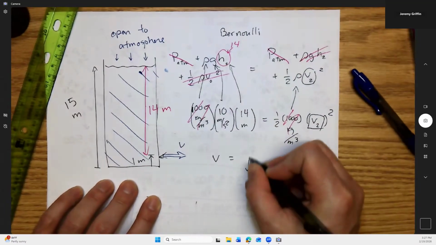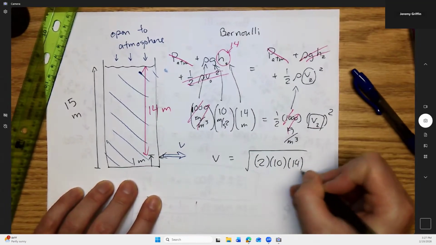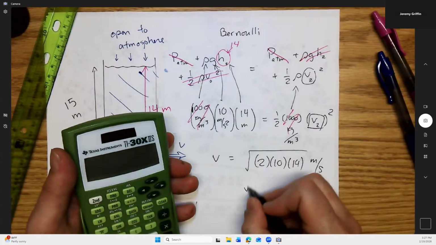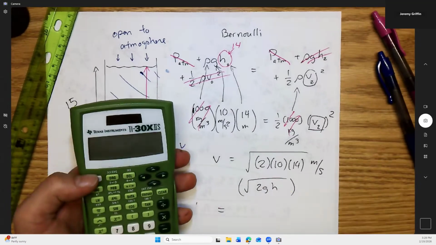So v equals the square root of 2 times 10 times 14, in meters per second. Of course, it was always going to be square root of 2gh. Let's get a number on this.